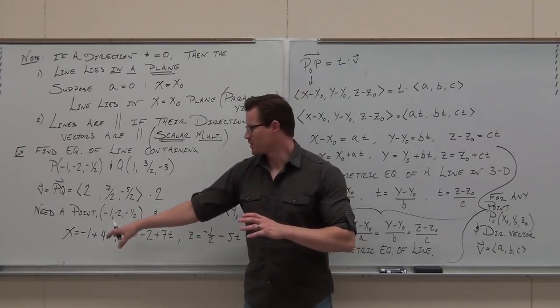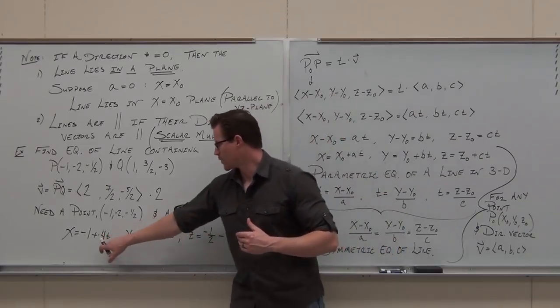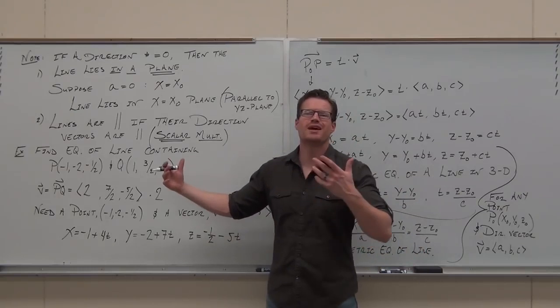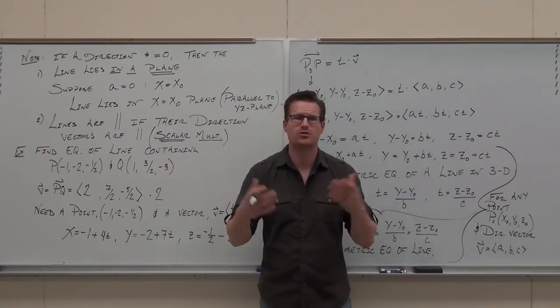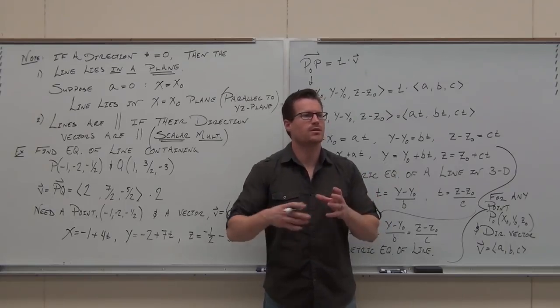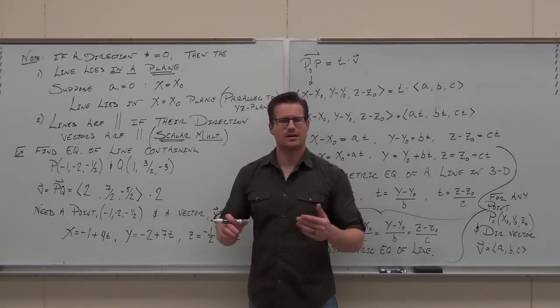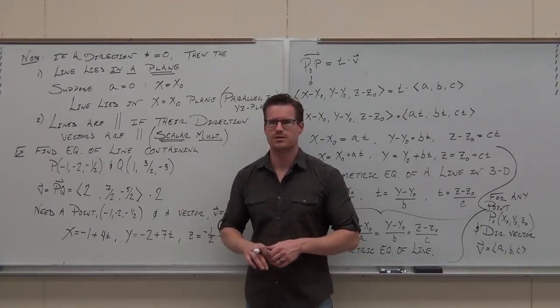Just by looking at it, can you tell me the direction vector? Yeah. 4, 7, -5. Can you tell me the original one? Who cares? I don't care, because it has the unit vector built in. I don't care that it's the one we got here or not. It's in the same direction. I'm probably over-talking it, but do you understand the concept here?